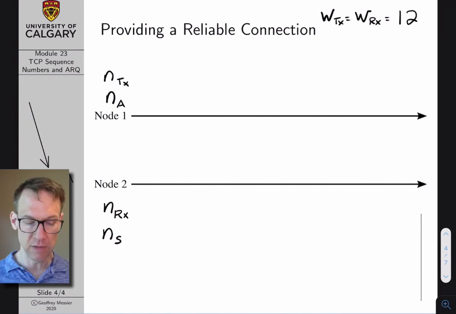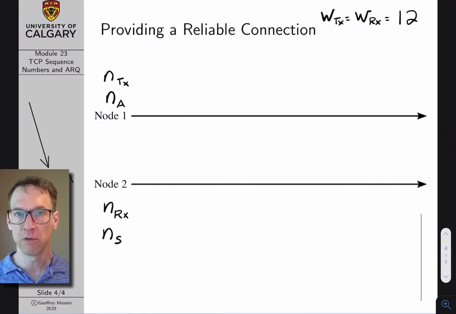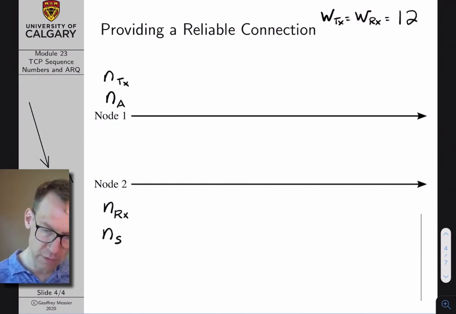I'm going to dive into the example, and we're going to see that this is similar to the general sliding window protocol we did in Module 9, except the main difference is how the sequence numbers work for TCP. Again, the sequence numbers are going to be byte indices rather than frame numbers. So let's start out by sending a packet from node 1 to node 2.